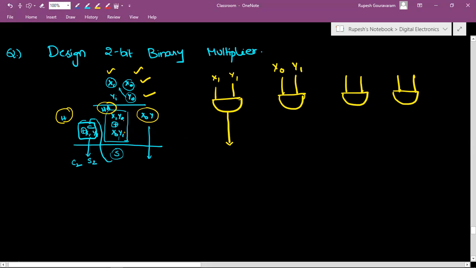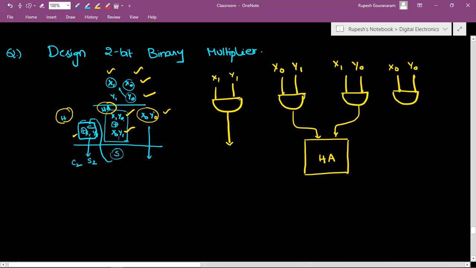Where is x0 y1? It is here. Then x1 y1 is here. Next one is x1 y0, here, and x0 y0, here. Now what we are going to do, we will add x1 y0 plus x0 y1. We supply it to a half adder. HA means half adder.